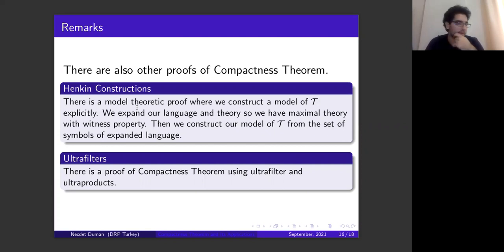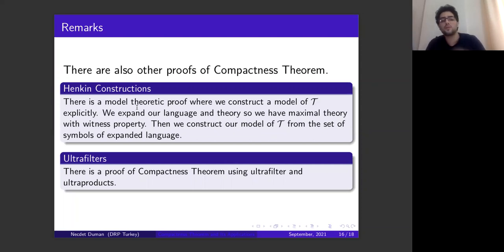Then we add a constant symbol for every sentence in our theory, so we also have a huge language. Then we quotient this set of constant symbols to construct a structure which will satisfy this huge, nice theory we constructed. And since it satisfies this huge theory, it also satisfies the small theory we started with. These sorts of constructions are called Henkin constructions, and those huge, nice theories are called Henkinized.